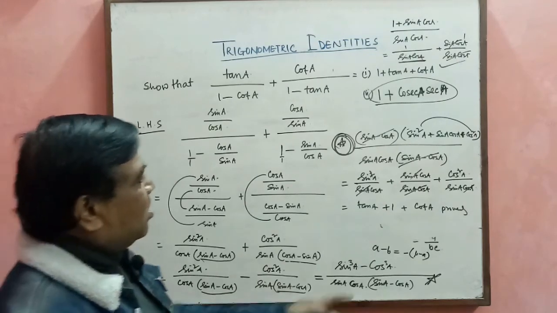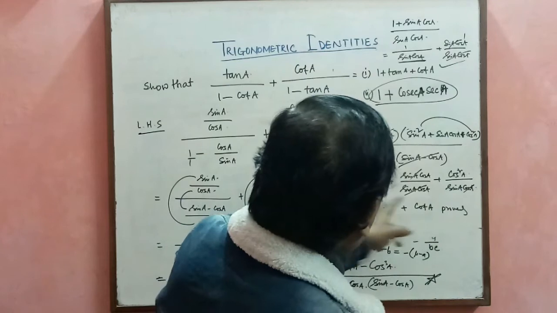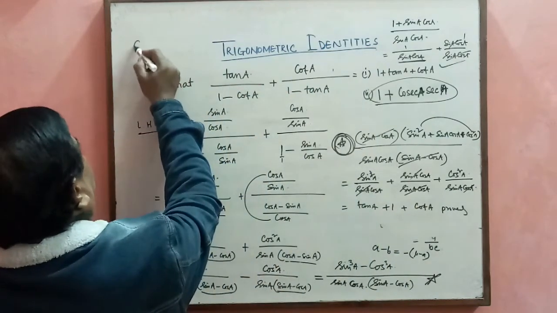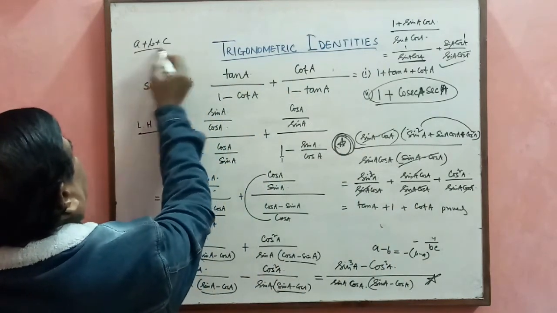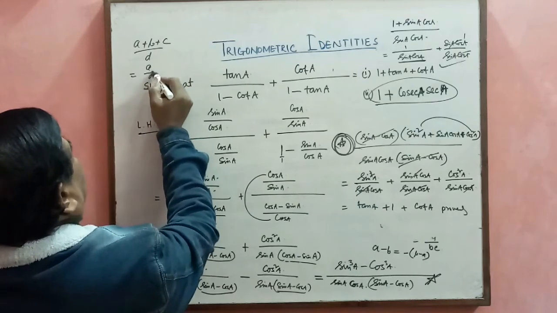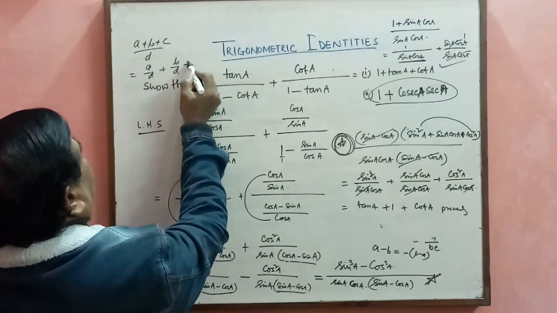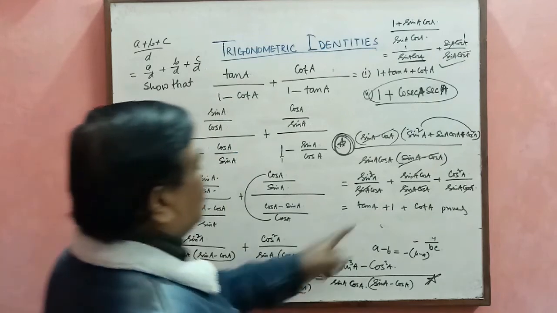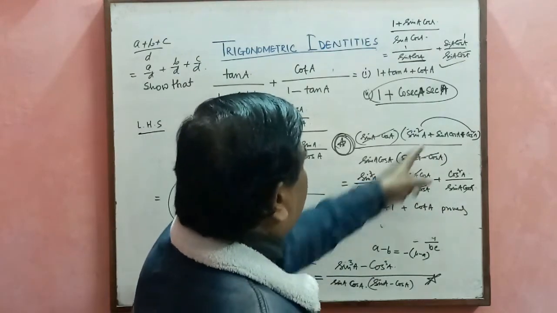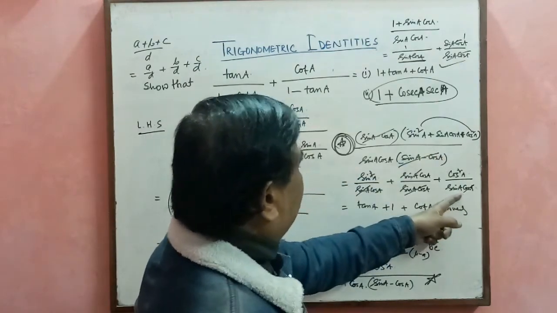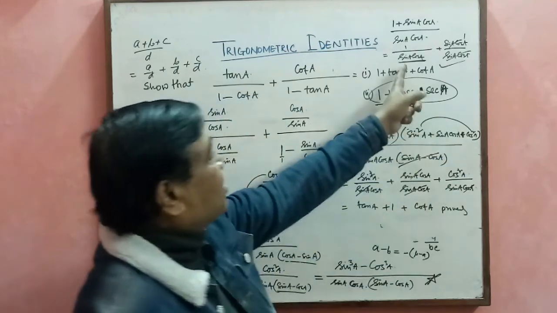Here I want to tell you again, if you have (A plus B plus C) upon D, you can write A upon D plus B upon D plus C upon D. This way we have split this one into three parts, so that we are getting 3 here.